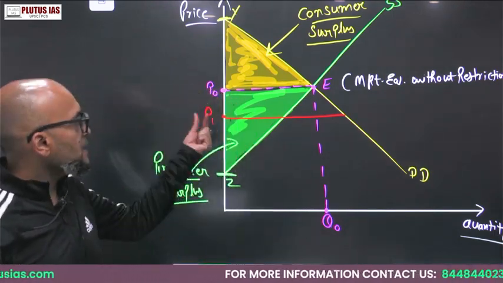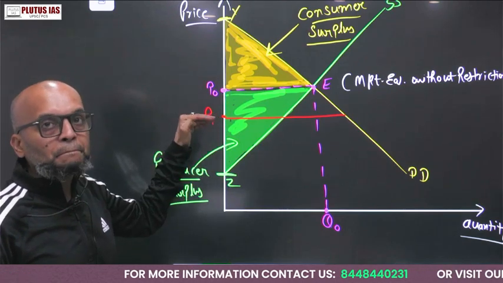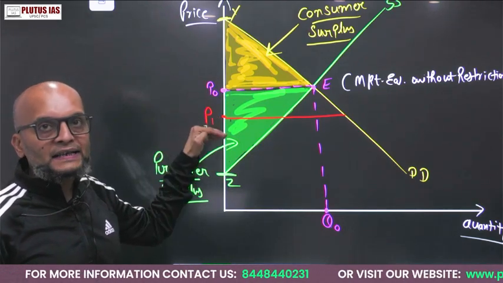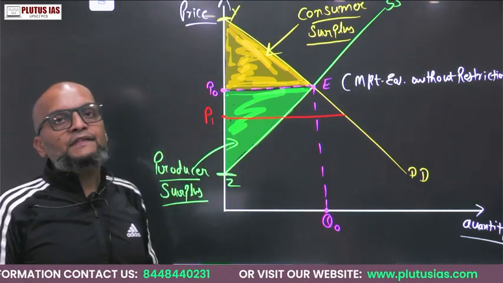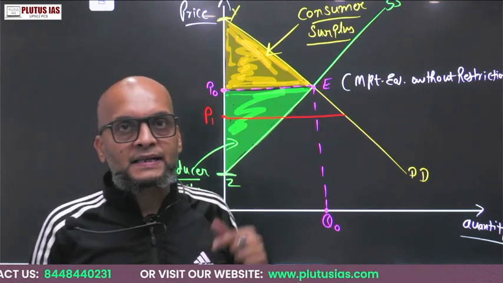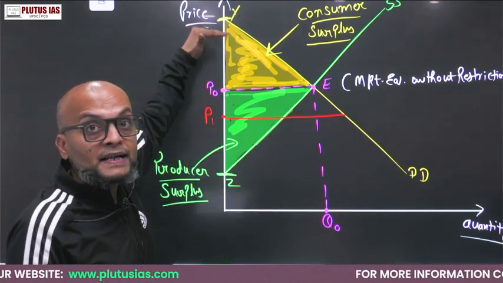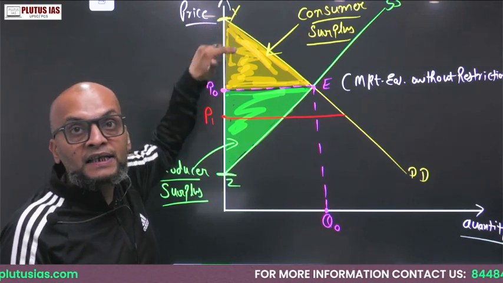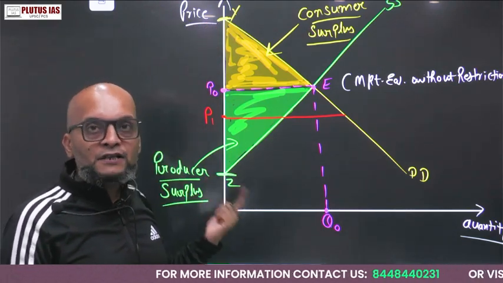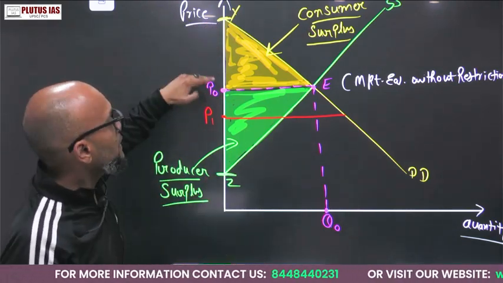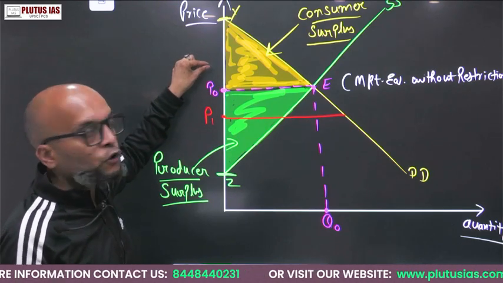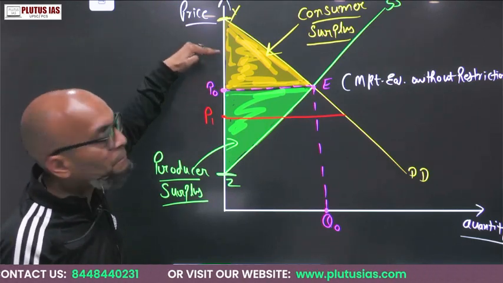As you can see, P1 is below the P0. It is lower than the equilibrium price. And whenever price floating is done, then the price of the good increases or moves up above the equilibrium price. So if price floating would have been done, then the price that we would have obtained for the good would have been above P naught.